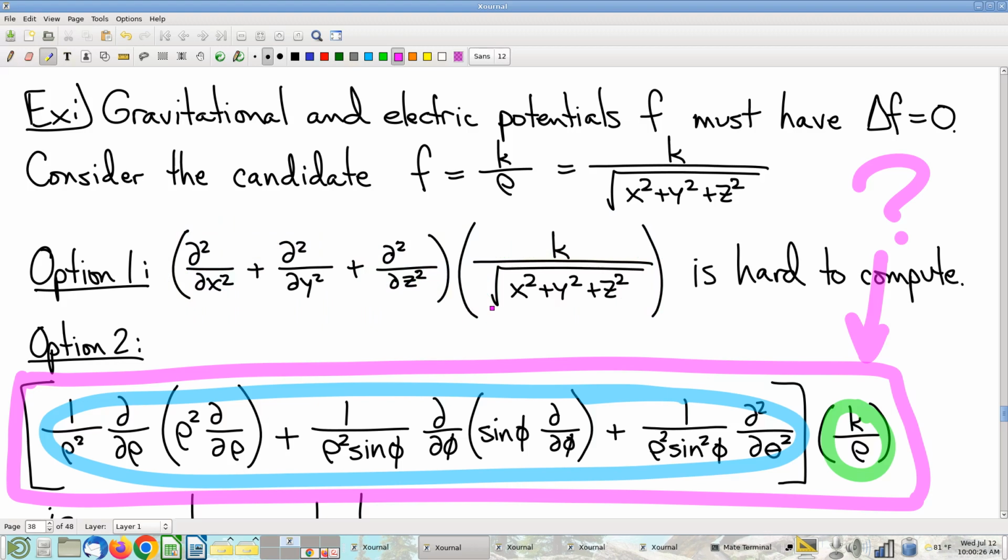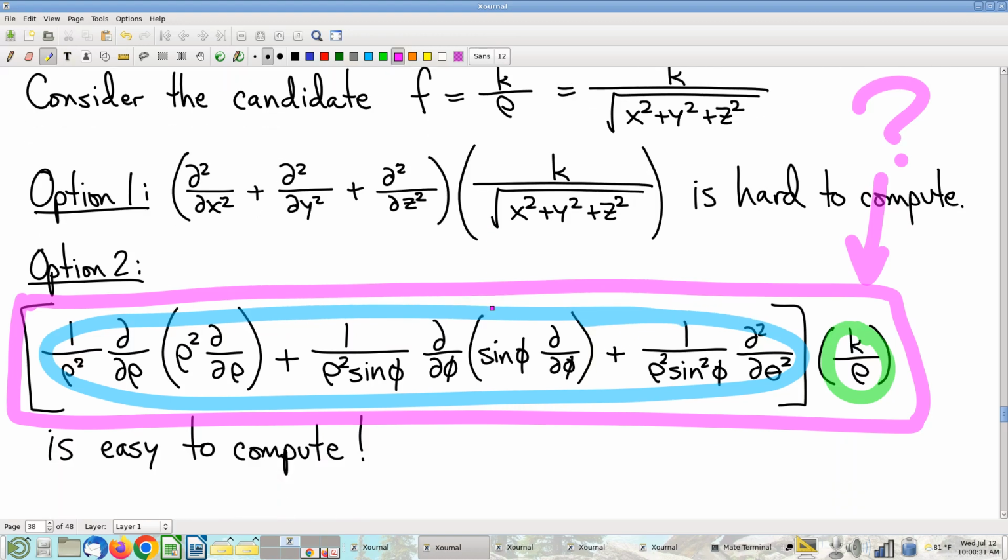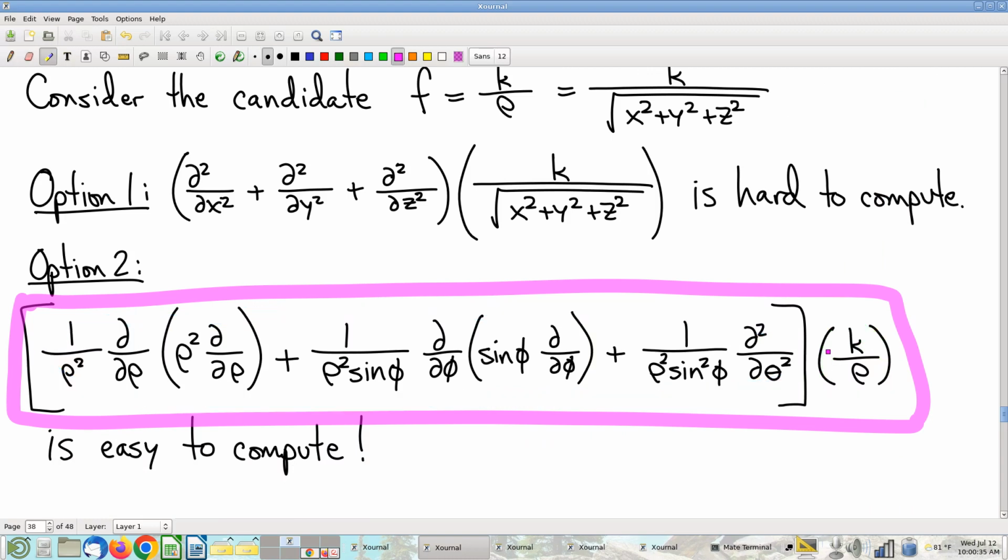This is falling down simple as follows. Let's look at partial derivatives with respect to theta of an expression that doesn't have any thetas in it. 0. Instant 0. We're taking a derivative of something with respect to a variable that isn't there.